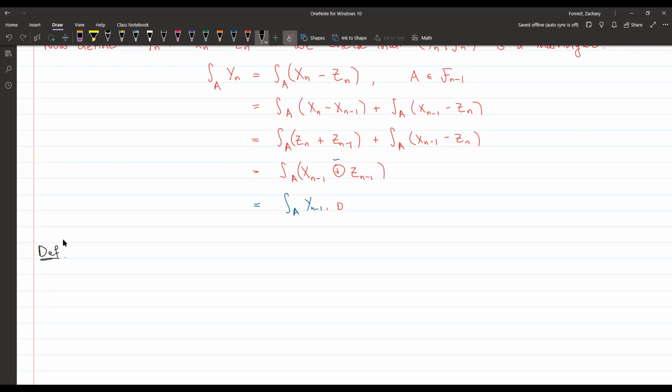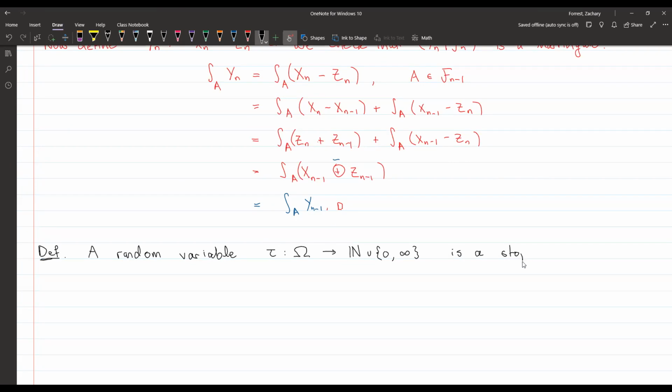So I'm going to start off with a random variable, tau, which is mapping directly from our space into the natural numbers union with 0 and infinity.